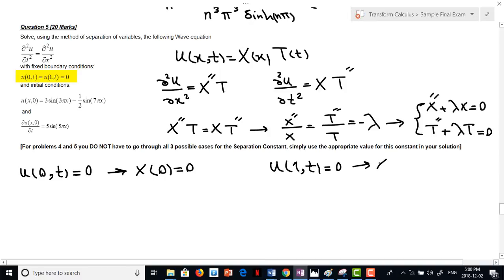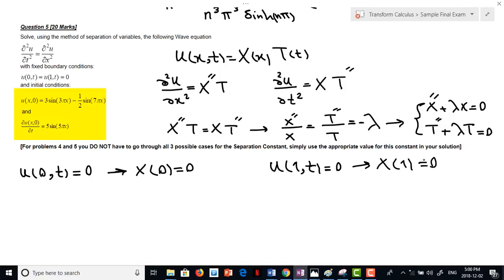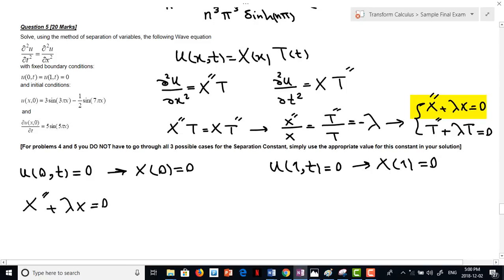As a result, X of 1 is equal to 0. And the two initial conditions, we cannot use them right now. So now we have to solve the ordinary differential equation X double prime plus lambda X equal to 0, with the two boundary conditions X of 0 equal to 0 and X of 1 equal to 0 as well.